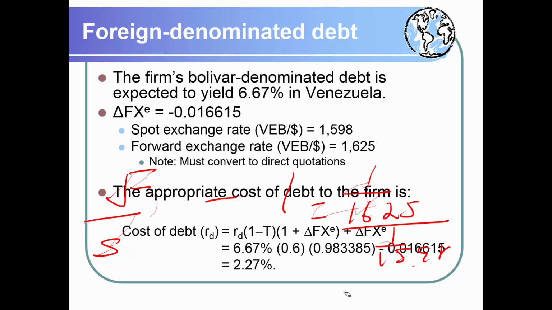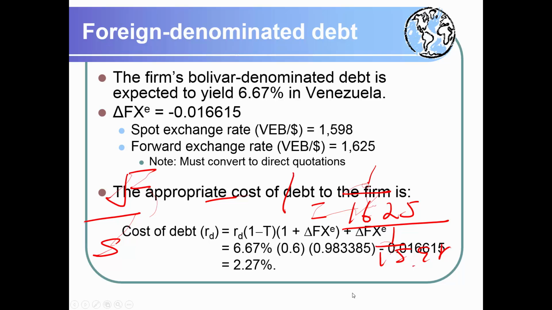So the cost of debt is going to be RD times (1 minus T) times (1 plus delta FXC) plus delta FXC. Here RD is 6.67%, T is 0.4, the tax rate, and 1 plus delta FXC is going to be 0.98385, the reason being that delta FXC is negative 0.01615.